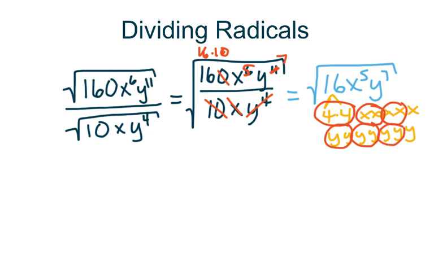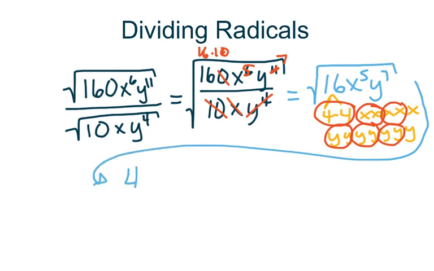For each of these groups, it comes out as a single item, so I'm going to bring that all the way over here. We are left with a 4. We have 2 x's, so that is now an x squared. We have 3 y's that are coming out, so that is now a y cubed.